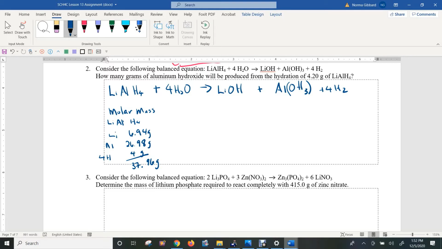Okay, and now let's look at aluminum hydroxide. So Al(OH)3. So aluminum, just one sec, I'm going to fix that. Sorry for that. Aluminum is 26.98. Oxygen is 16. And let me just check. In this question, we have to be careful because the 3 is outside and I put it inside.